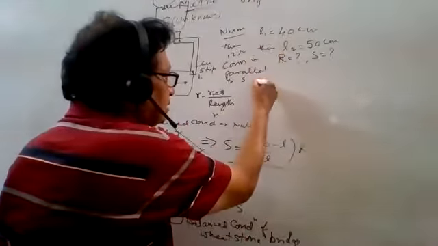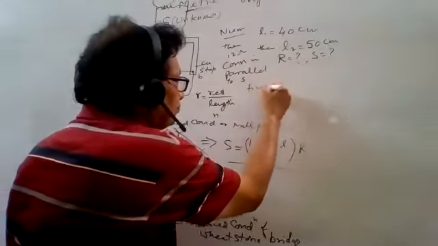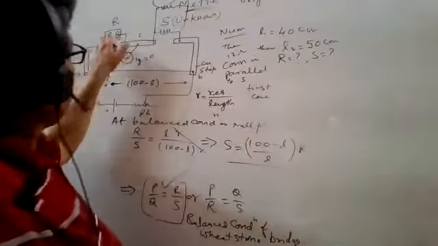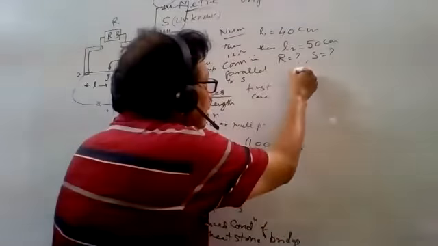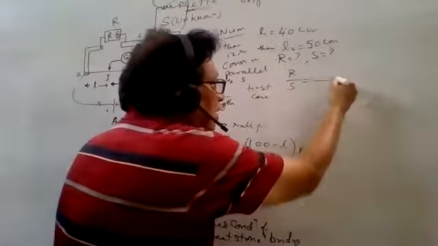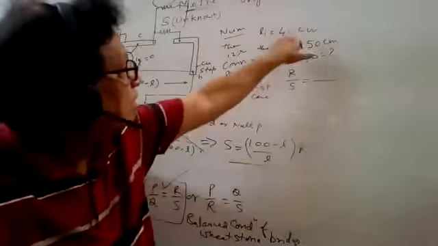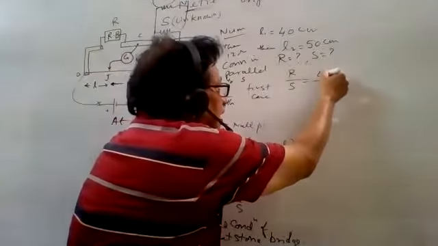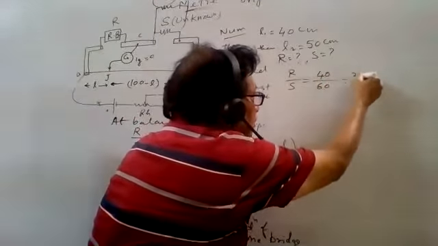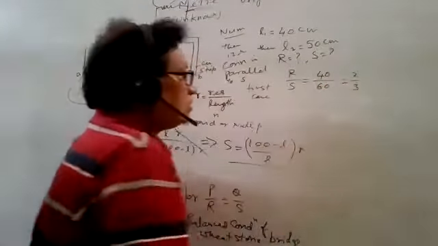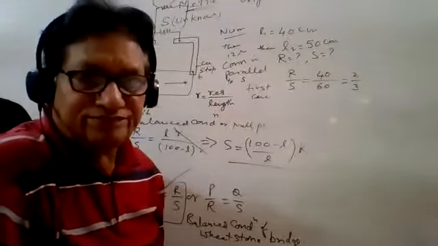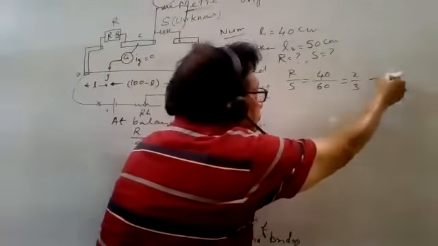In the first case, what is the ratio? R upon S equals L upon 100 minus L. L means here 40, so 100 minus L is 60. If you simplify, it will become 2 by 3. Equation 1.